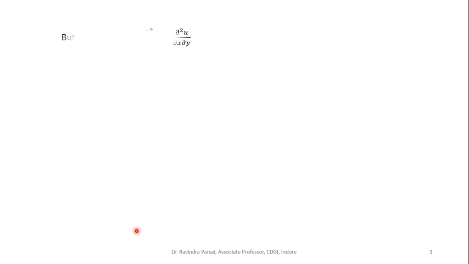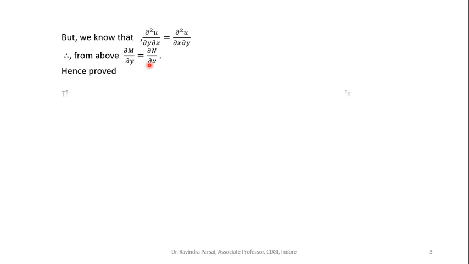Now we know one very important result: if u is a function of real variables, then the value of the second order derivative remains unchanged by changing the order of variables. Hence both expressions are the same, that is del M upon del y equal to del N upon del x. Hence proved the exactness of a first order and first degree differential equation.